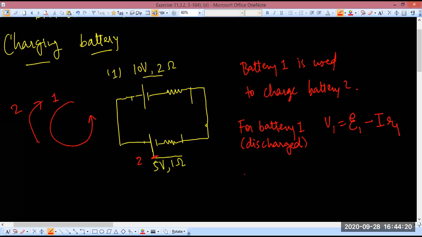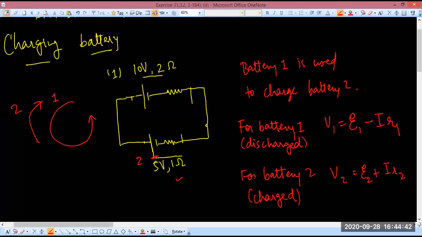On the other hand, for battery 2, which is getting charged, you would have to write terminal voltage V2 = epsilon 2 plus I R2. I hope that makes it very clear, right?